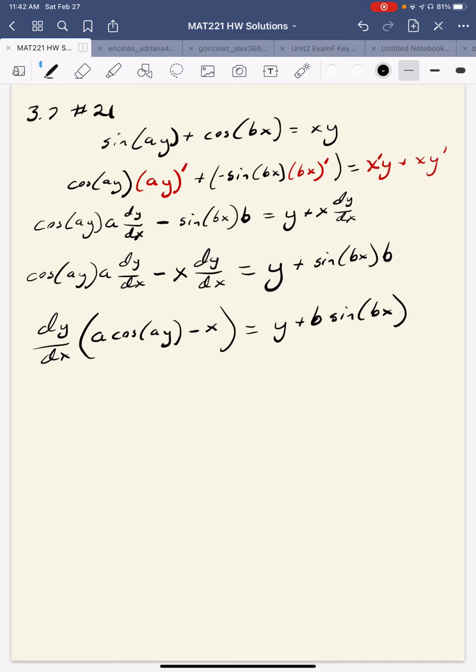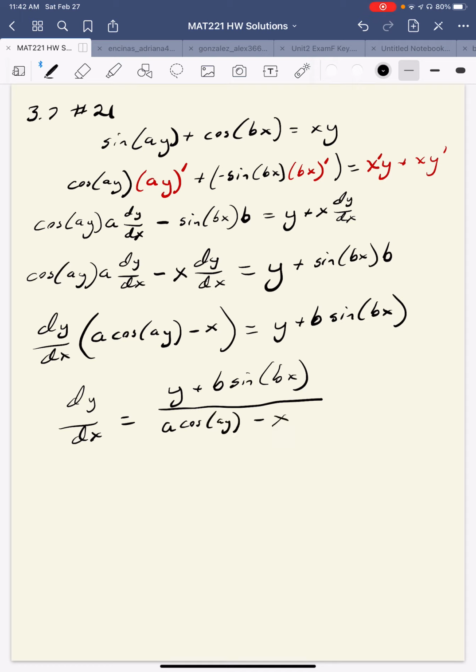And then finally, I just need to divide both sides by this parenthetical, and that will give me the fact that dy/dx is equal to y plus b sine bx, whole thing divided by a cosine ay minus x.